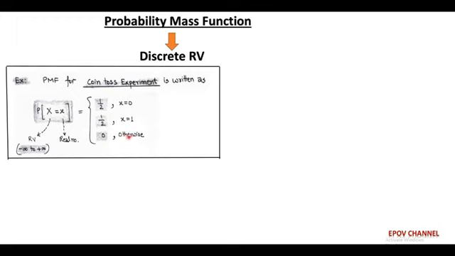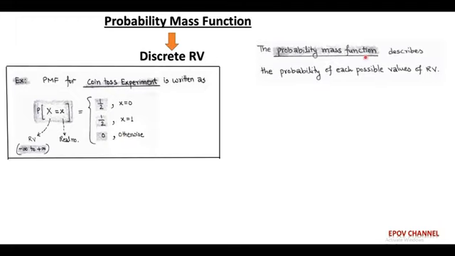The physical significance of this probability mass function is that it describes the probability of each possible value of the random variable. For the case of tossing a coin, we have two possible values with equal probability of half.